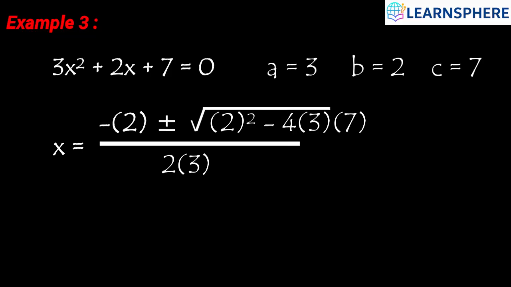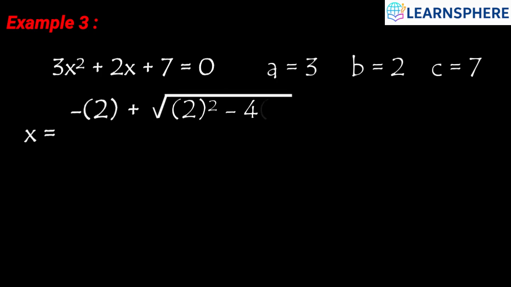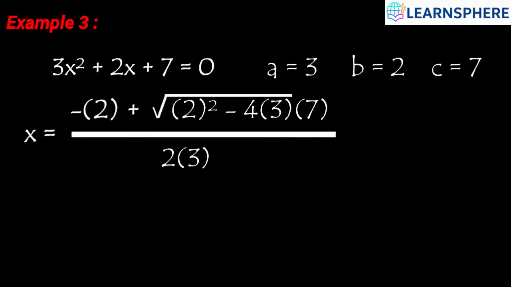The two equations that we can get are firstly by using the positive in front of the square root, and for the second value, we can use the negative in front of the square root. Therefore, we'll get two equations, the first one being x equals minus (2) plus the square root of 2 squared minus 4(3)(7), over 2(3).